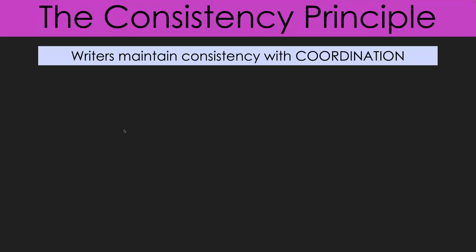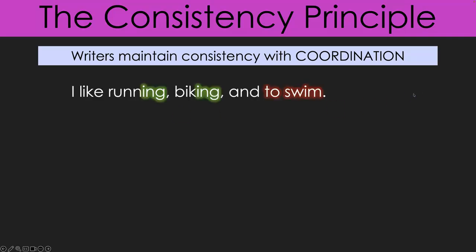The first one is writers maintain consistency with coordination. This is really when you're creating lists of things. As you list things, you need to make sure that they are coordinating with each other. They are consistent. This is a pretty standard, incorrect thing that we would do: I like running, biking, and to swim. You can see that running and biking end the same.